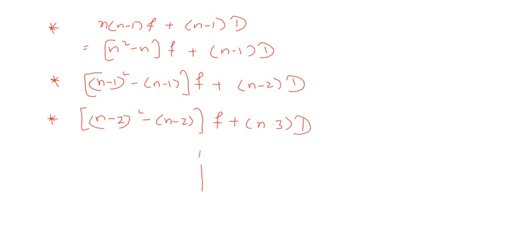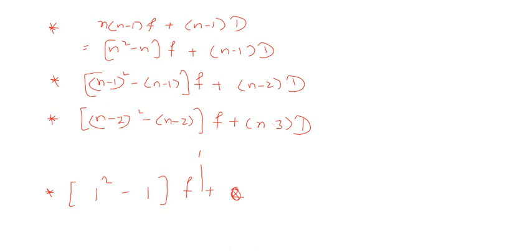So what you will have at the end is 1 square minus 1 flops plus 0 divisions.